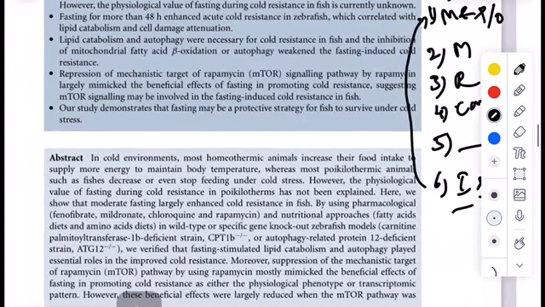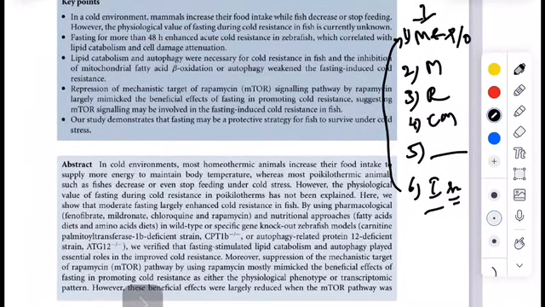Coming to this paper: in cold environments most homeothermic animals increase their food intake to supply more energy to maintain body temperature, whereas poikilothermic animals such as fishes decrease or even stop feeding under cold stress. This is the motivation for doing this work. Homeothermic animals take in much food, whereas poikilothermic animals do not take food at all.